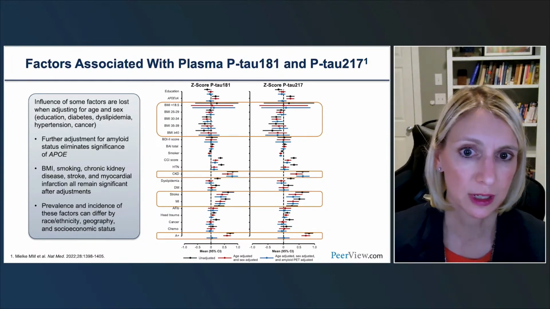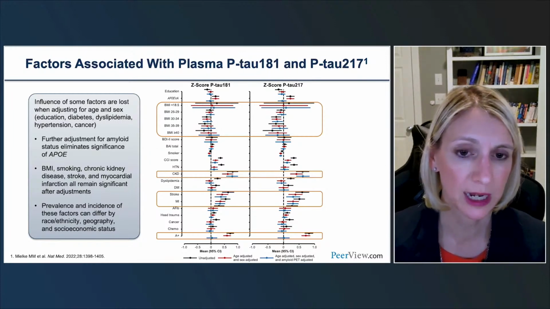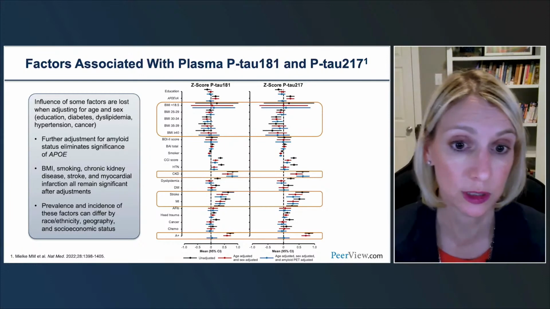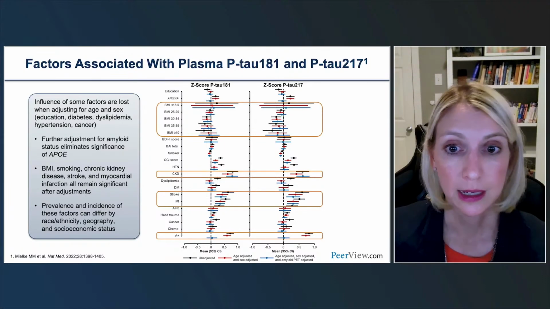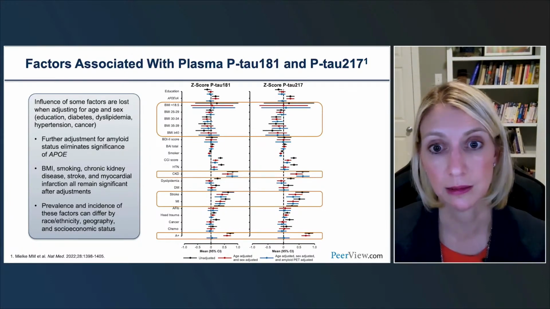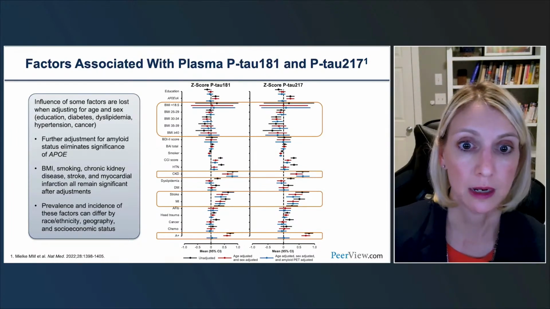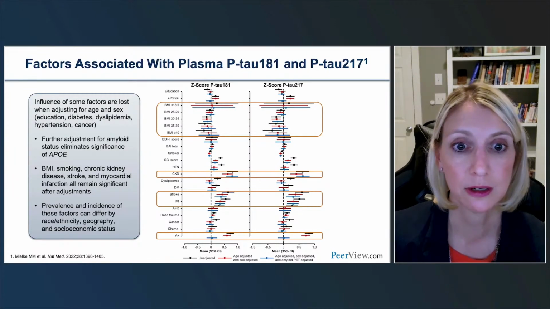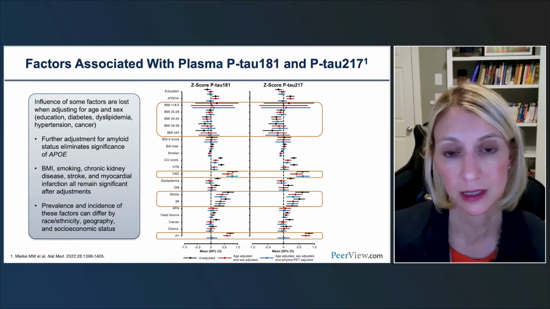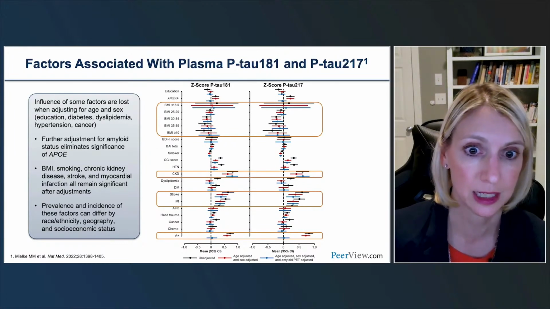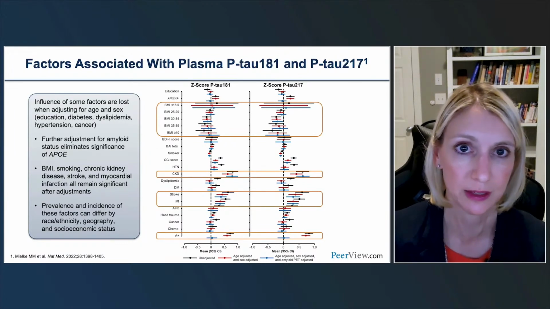It's also important to think about differences by race and ethnicity, which has resulted in a lot of discussion lately. In terms of understanding, say, differences in blood levels between Blacks and whites or whites and Hispanics, one of the factors that we need to consider is that the prevalence and incidence of these conditions highlighted here differ across race and ethnicity, specifically due to social determinants of health.